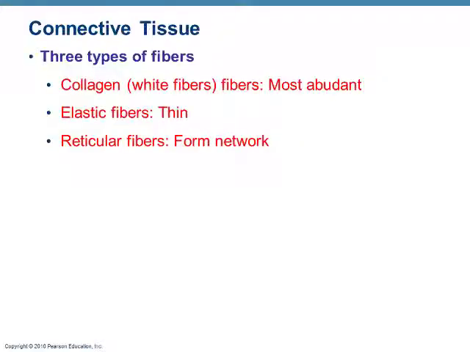Now, you know that connective tissue has the cells and also has fibers in the matrix. Three types of fibers are present in the connective tissue. What are those three types of fibers? Collagen fibers, elastic fibers, and reticular fibers. Among these three, collagen fibers are most abundant in the connective tissue. Elastic fibers are present in those structures that have elasticity.